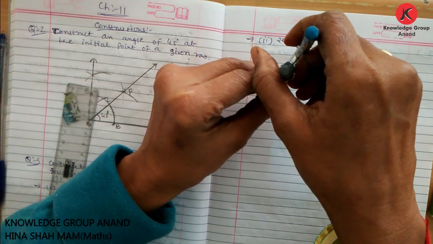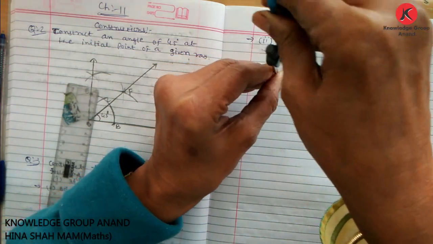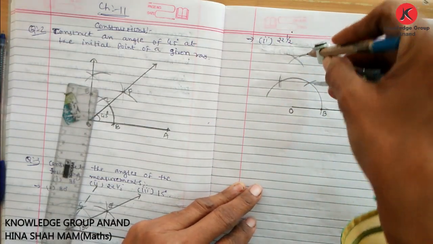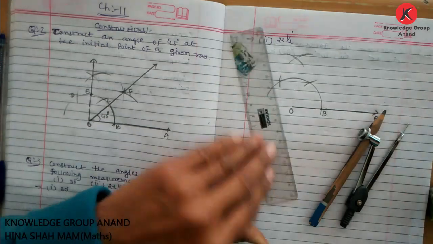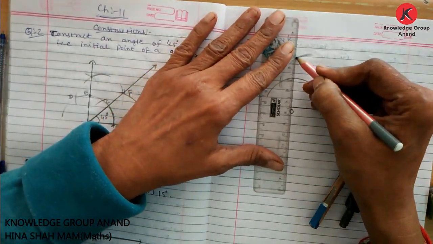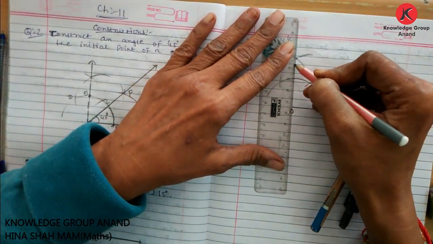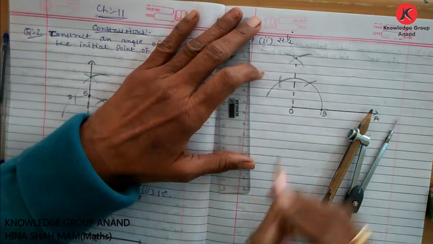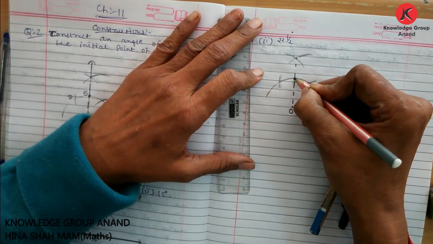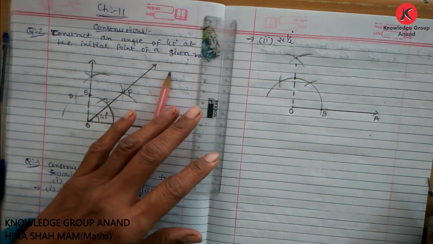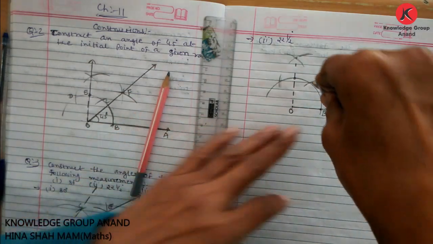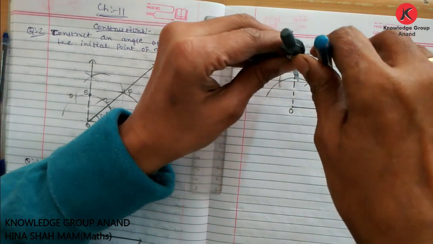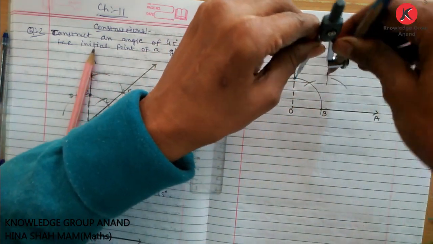Then from this point and this point, with more than half radius, at 0 and 90.